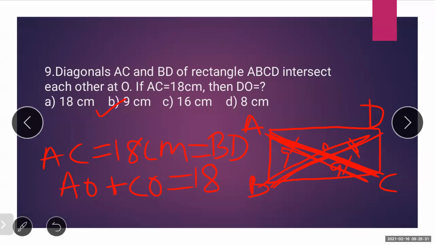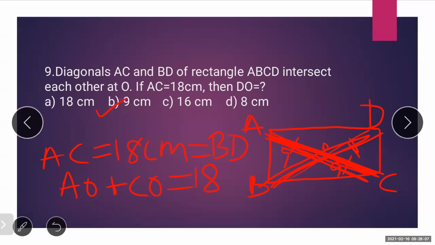The second property we are going to use is that the diagonals of a rectangle bisect each other. O is the midpoint of diagonal AC as well as the midpoint of diagonal BD. So if AC is 18 centimeter, then AO plus CO is equal to 18. That means AO will be 9, as well as CO will be 9.